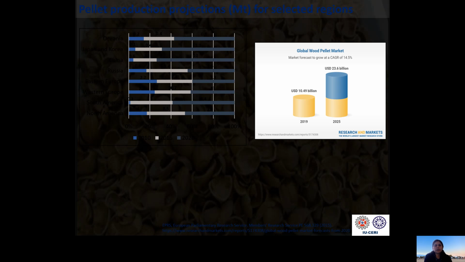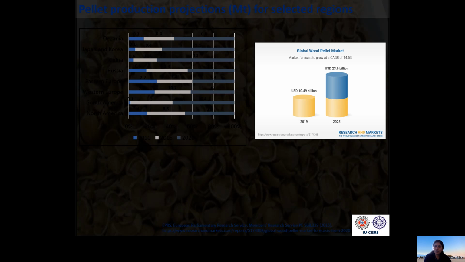This slide shows the pellet production projections for selected regions, and we can see that demand for pellets is increasing significantly. In countries like China, we can see a significant increase here. North America and South America are not behind, and Europe is also increasing its pellet demand.